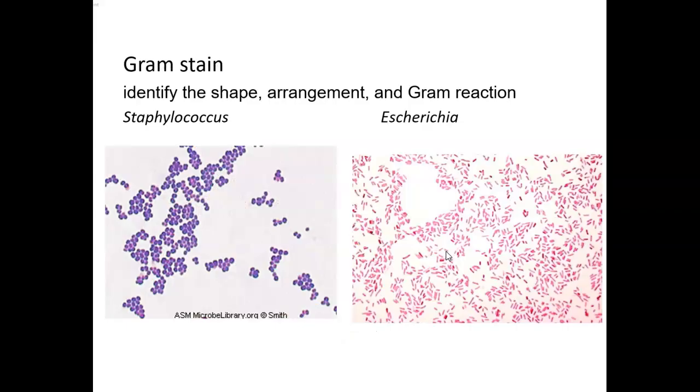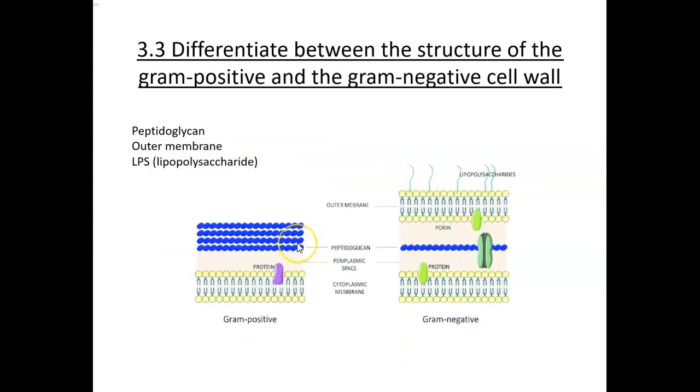Just to review, let me show you back here. If we go back to this picture right here, the cell wall is the peptidoglycan. So the cell wall is going to give the cell structure and strength. So it might prevent it from popping, but the cell wall is kind of hard and gives it structure.